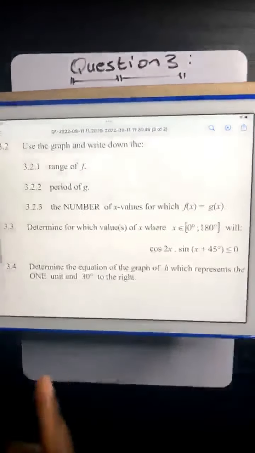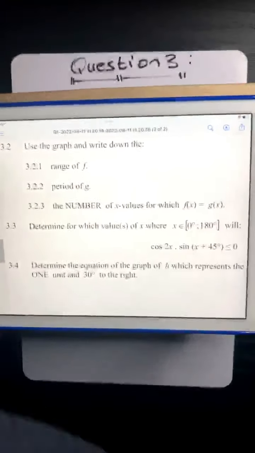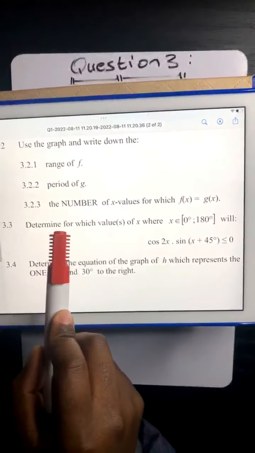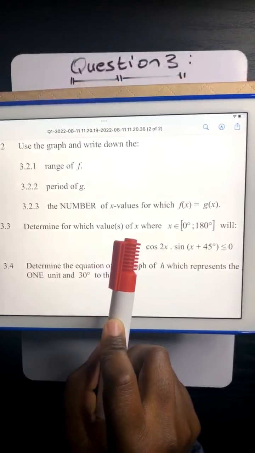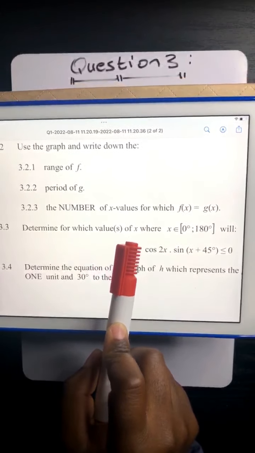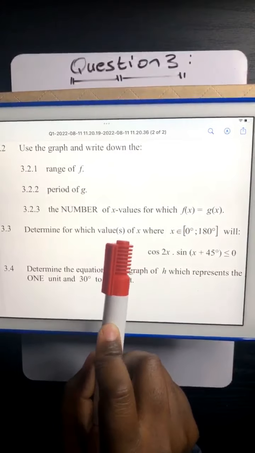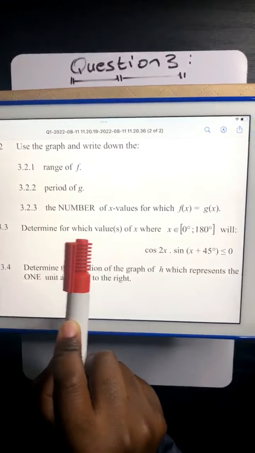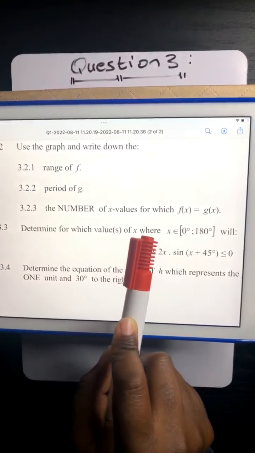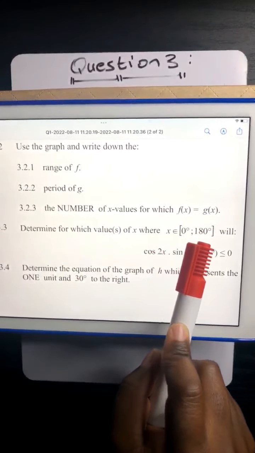Oh, okay. I'm noticing something. Determine for which value or values of x. So that means my answer will be based on the x values. Why? Because they say determine for which value or values of x, where x is an element of that.